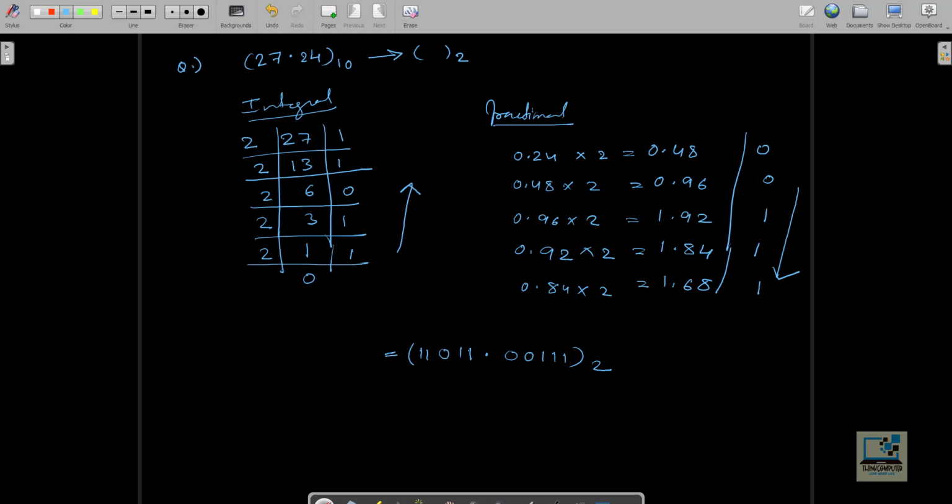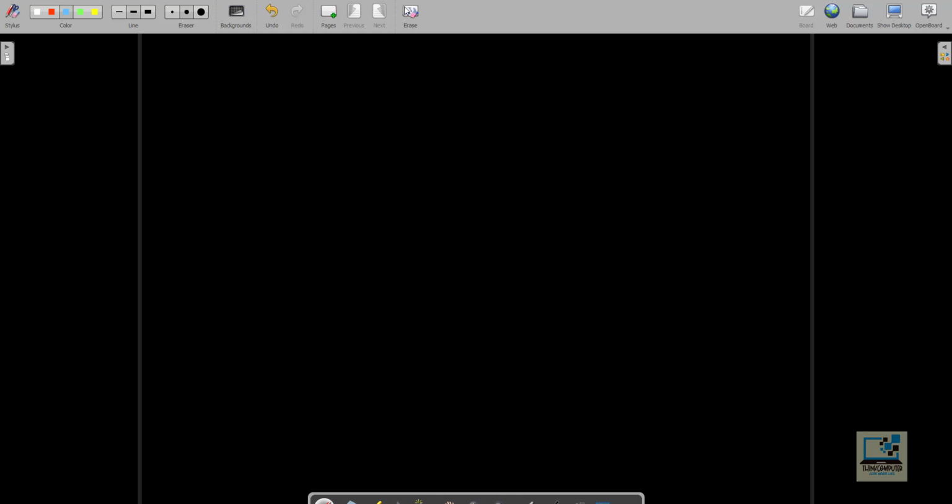Now the next conversion that I will show you, that is binary to decimal, which is obviously the opposite conversion of decimal to binary. So it is important that you know all the powers of 2, especially up to 2 to the power 6. If you know, that will help you.